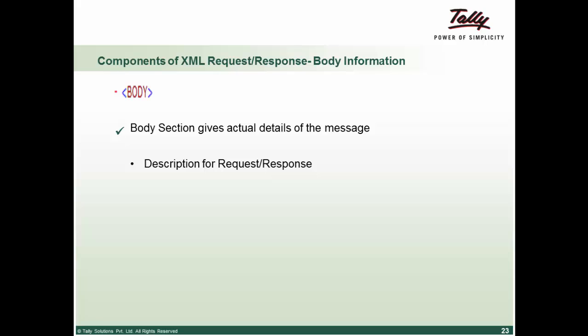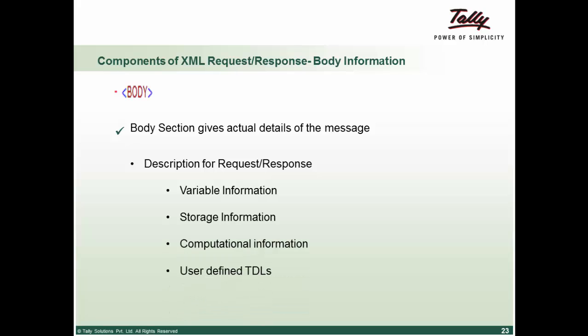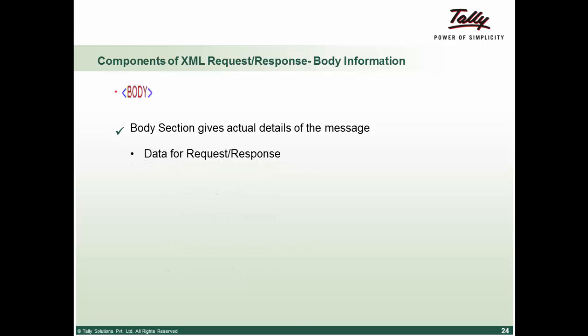The description section is used to give the description for the message, request, or response. Description element mainly includes all types of variable information, storage information, computation information, and user-defined TDLs. All description information is enclosed within the DESC tag.